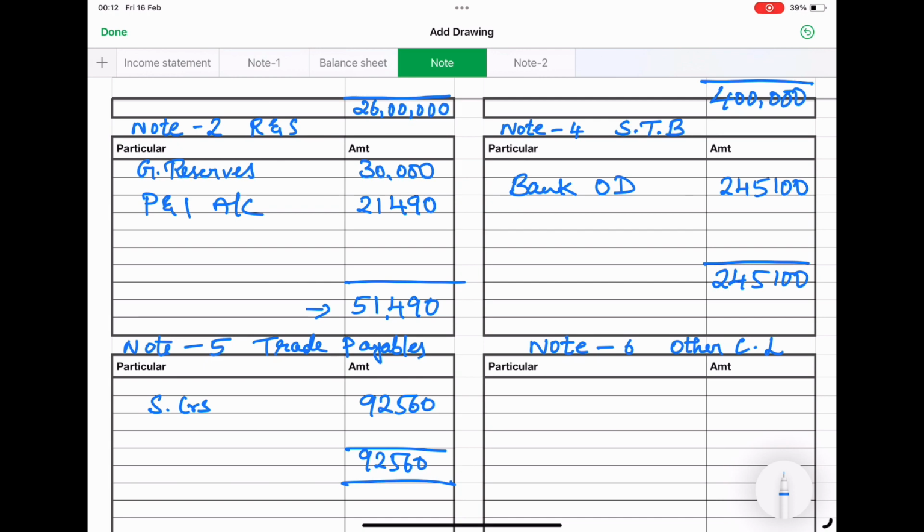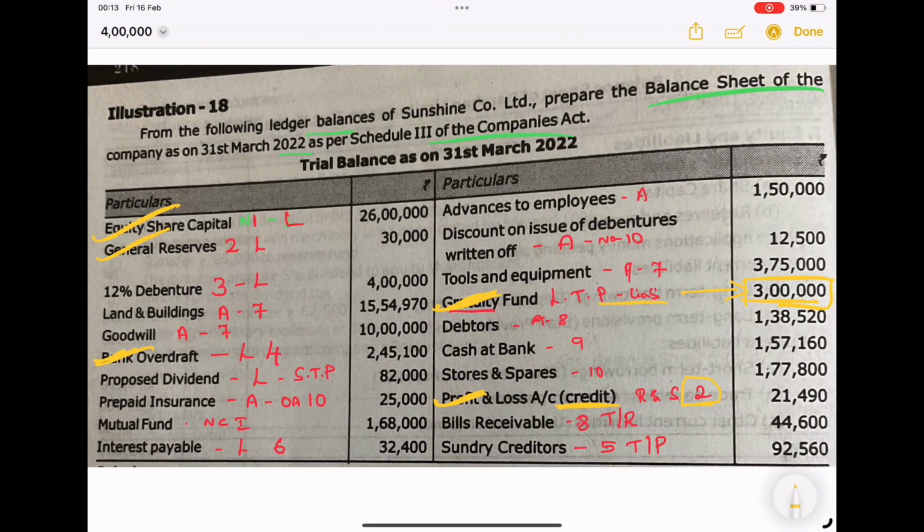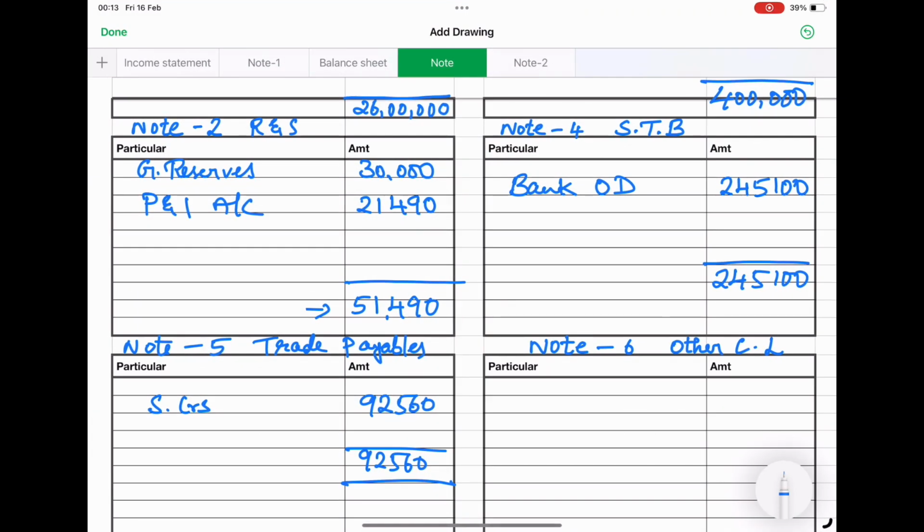Yes, note number 6 we are having here interest payable. So interest payable 32,400 we are having. So I'll write here interest payable 32,400. This is the total. Okay, fine.